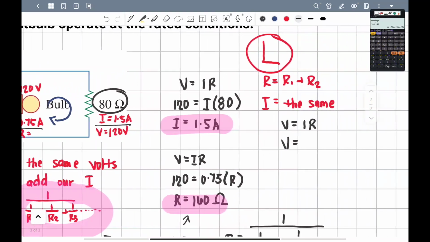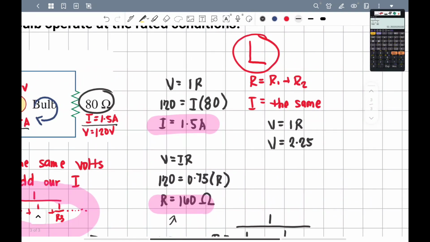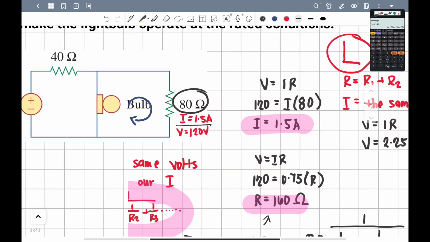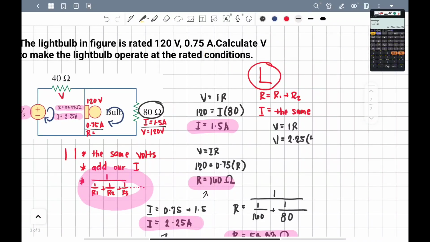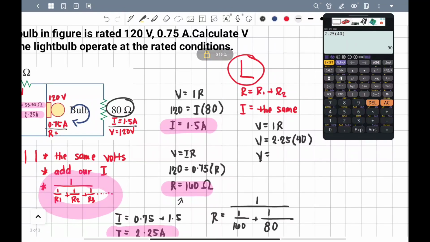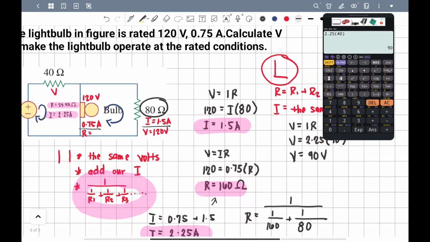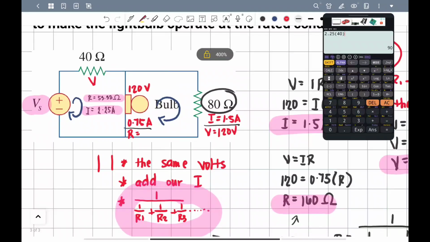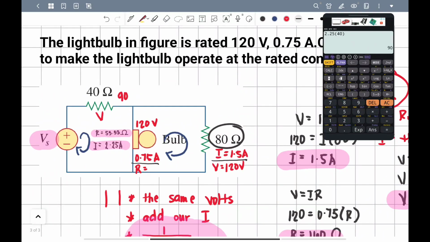We have the I, 2.25, times the resistance given, 40. So we have our volts using our calculator. 2.25 times 40 is equal to 90 volts. So we have 90 volts here in the given 40 ohm resistance. We are just to write it near the given. Okay, we have 90 volts.